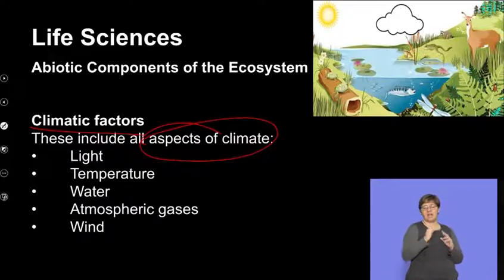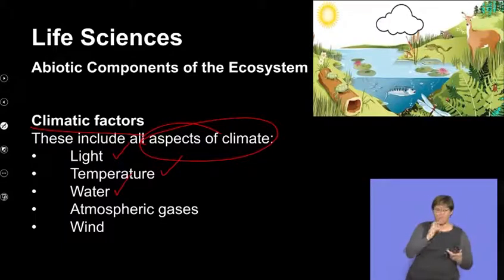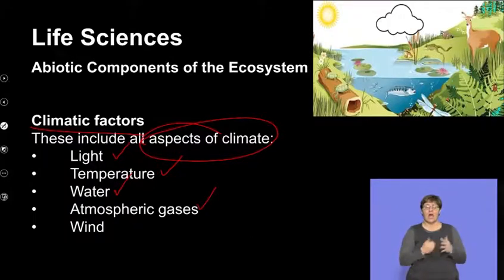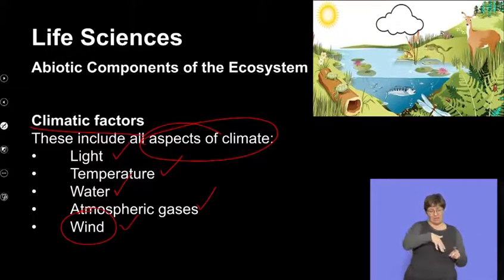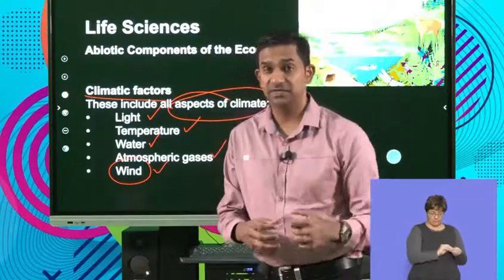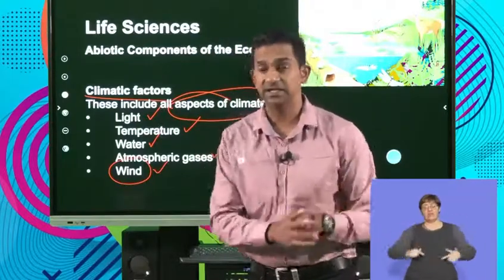So the light and the availability of light, the temperature of the environment, the type of water and the amount of water, so it could be fresh water, marine, the composition of atmospheric gases, as well as the velocity of wind in those areas. So these are the climatic factors, and all of these factors collectively can influence the diversity of life forms in an ecosystem.